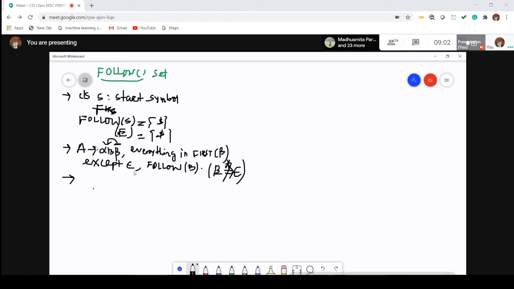Rule number 3: if there exists a production of the form A to alpha B beta, or A to alpha B, where beta derives epsilon, that means first of beta contains epsilon, or an epsilon production is associated with those types of productions, then everything in follow of A will be in follow of B.